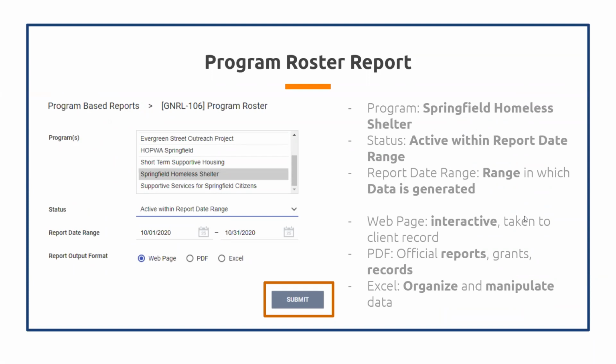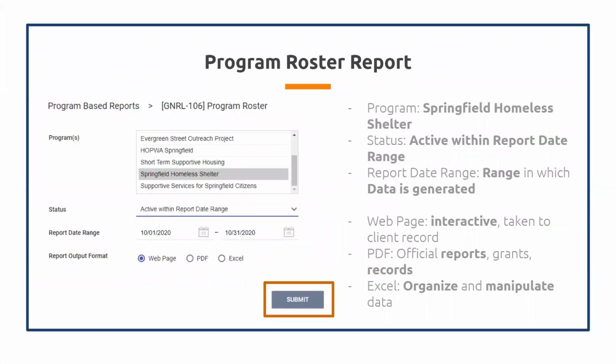It gives you 3 options for the status. You can either do active in report date range, meaning that the client project stay is active at least 1 day within the report date range, or enrolled within the report date range, meaning the client's enrollment date is within the selected report date range, or exited within report date range, meaning that the client's exit date is within the report date range.